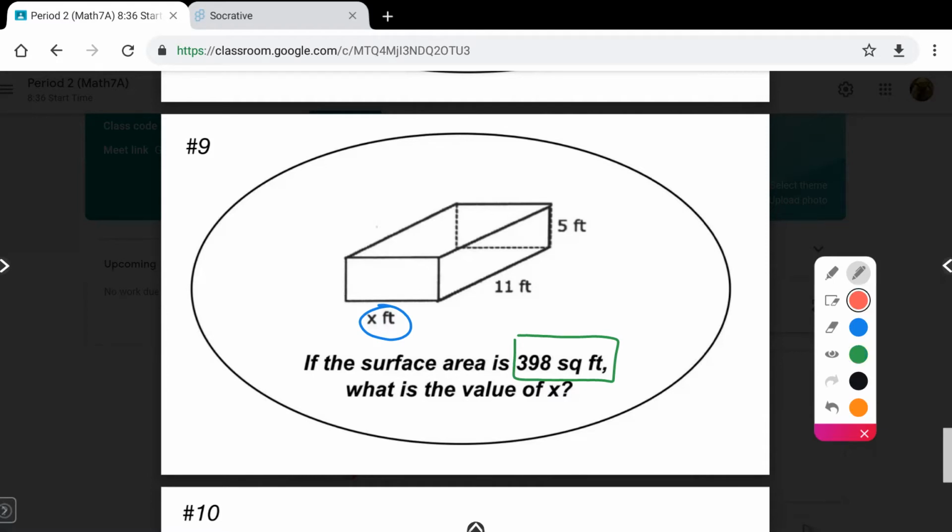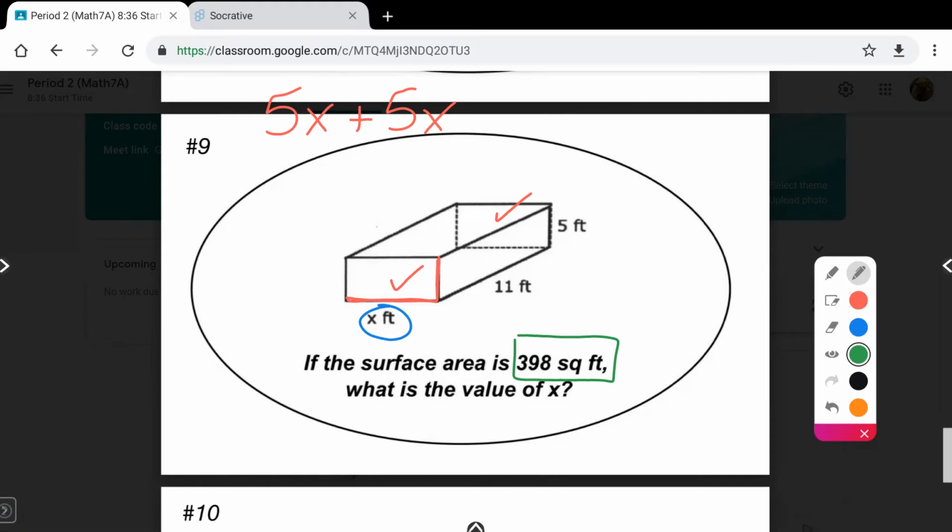Let's find the area of the front and the back rectangles first. Well, the front and the back have dimensions x by 5. Well, 5 times x is going to be 5x for the front and then plus 5x for the back. Remember, we're not going to get numbers when you're multiplying by a variable. So now this is how we're going to solve to find out what x is.